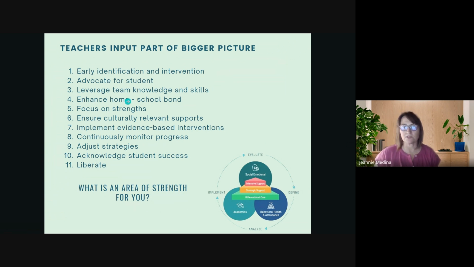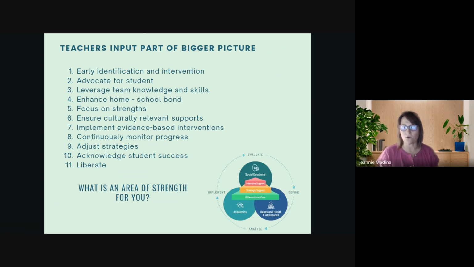I'm also working to maintain that home-to-school bond because we want students and their families to remain engaged. I will also make sure that it stays strength-based, that when it veers off the path into our deficits, we try to quickly realign ourselves, and that things are culturally relevant.